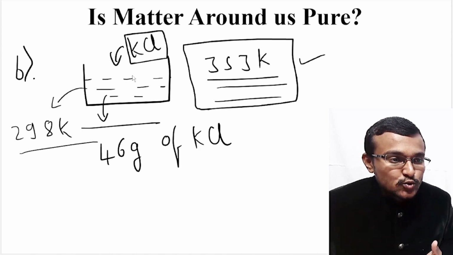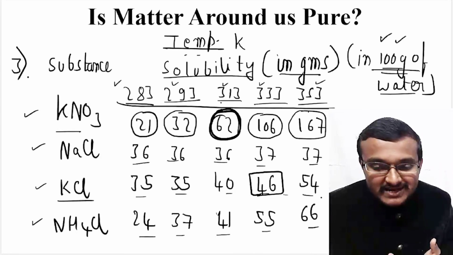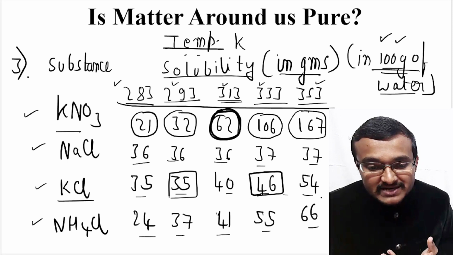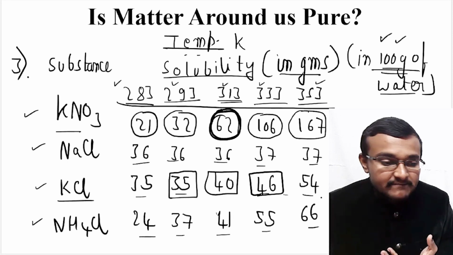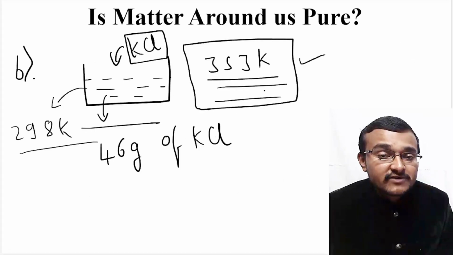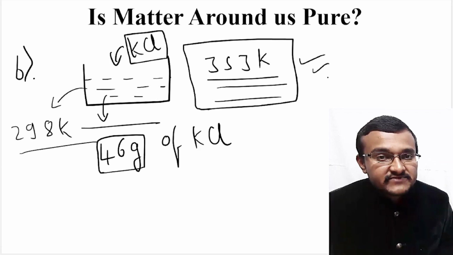So at 298 Kelvin, that is somewhere between 293 Kelvin and 313 Kelvin, the maximum amount of KCl which can be dissolved in 100 gram of water will be between 35 gram and 40 gram. But now we have created a saturated solution of KCl at 353 Kelvin. To make a saturated solution, 46 gram of KCl will be used at 353 Kelvin.